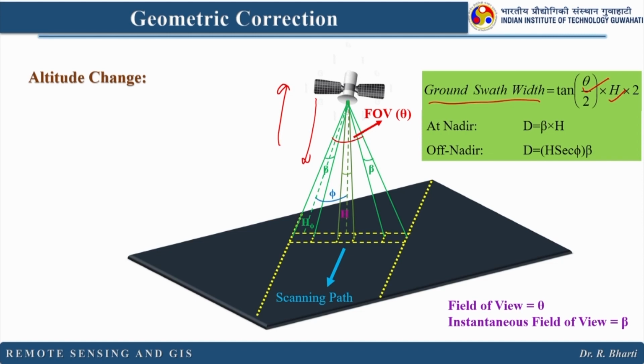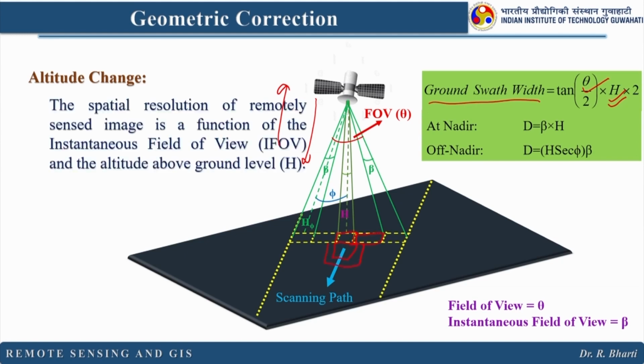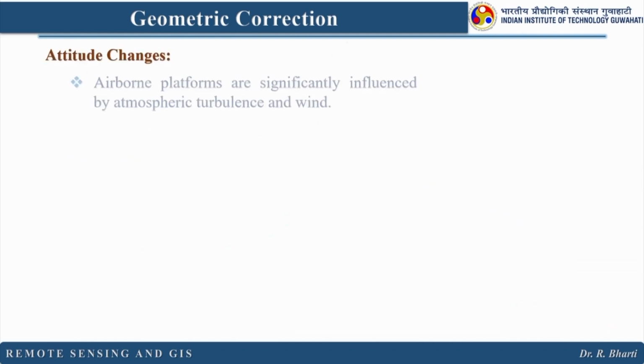But when it is moving up and down, or changing its path, this h will vary. So, your pixel, which is a representation of the ground, changes. The spatial resolution of a remotely sensed image is a function of IFOV and the altitude above ground level, that is capital H here.